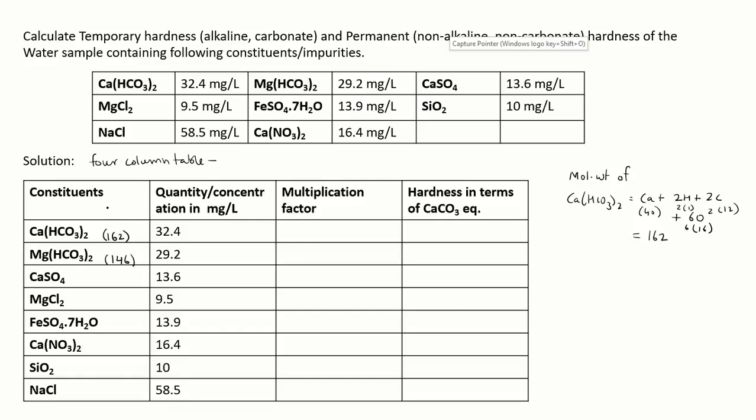Calcium sulfate is 136, magnesium chloride is 95, ferrous sulfate is hydrated so 278, calcium nitrate is 164. Silica and NaCl you don't have to consider for hardness here, because they will not impart any hardness to your water, so you don't have to consider them in the calculations.